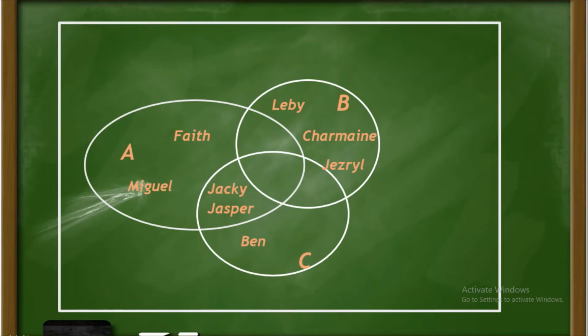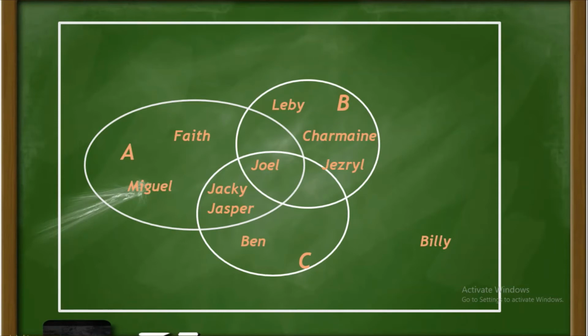So, as you can see in this figure, ang set A at saka set B, may nag-overlap sila. At ito yung si Joel. Kasi nga, as you can see, gusto ni Joel yung singing, gusto din yun ni Joel yung dancing.